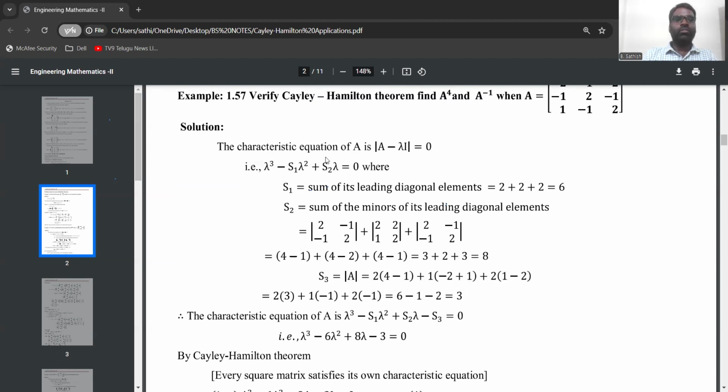So the characteristic equation of the given matrix is determinant of A minus lambda I equals 0.